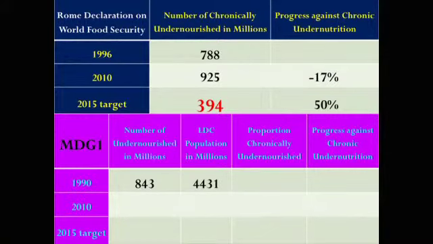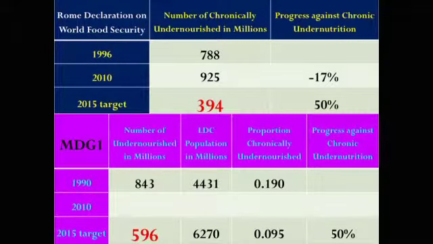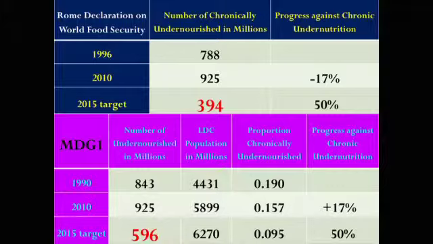You relate that to the population of the LDCs and halve that. So what's halved here is now this column, and you get a new target of 596 million, and suddenly it looks like you have made 17% progress towards the goal by simply having shifted the goalposts.